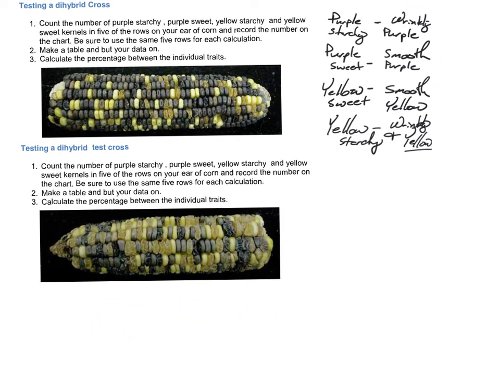Now you're going to go ahead and count. And so how would you do that? We need 4 rows, so we have to pick 4 rows. So let's pick 1. 5 rows.